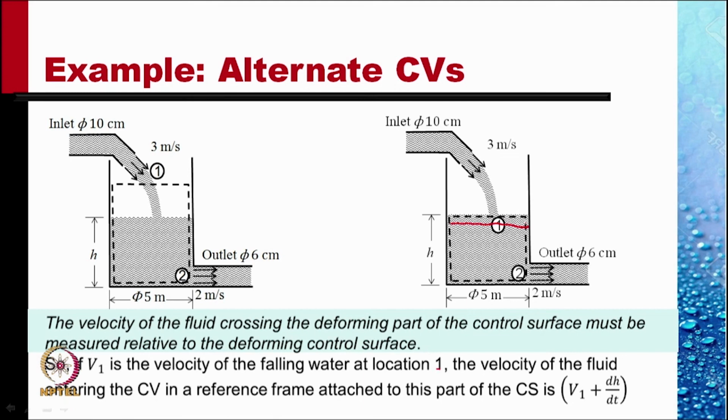The velocity of the fluid entering the control volume in a reference frame attached to this part of the control surface is V1 plus dH by dt. And if we use this equation, we would again get back the same result.